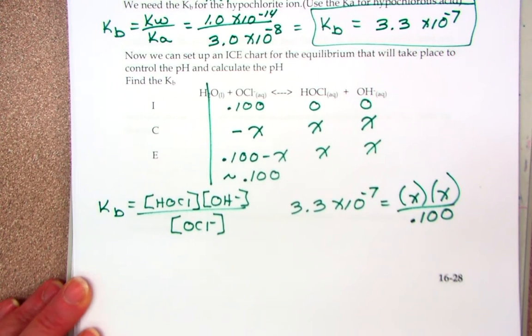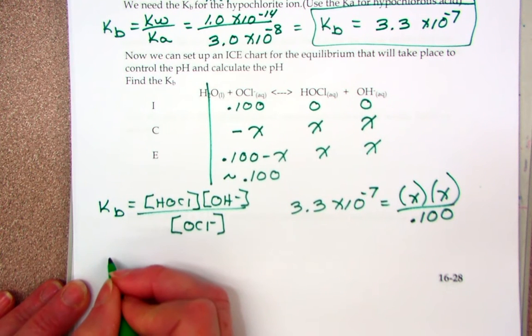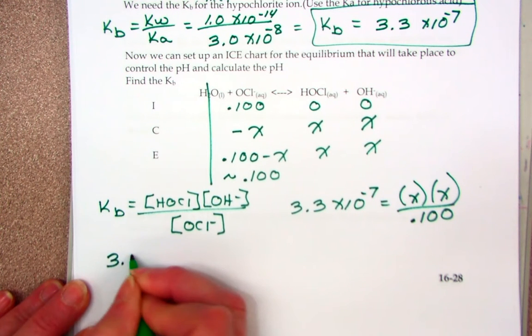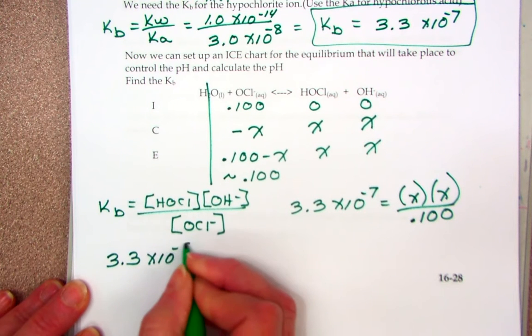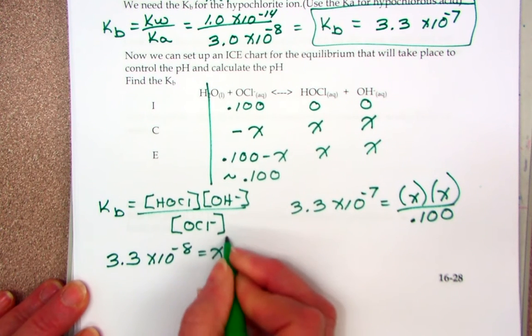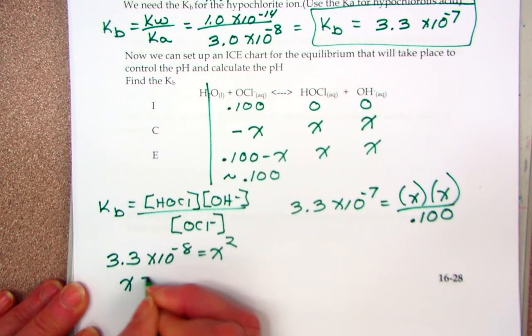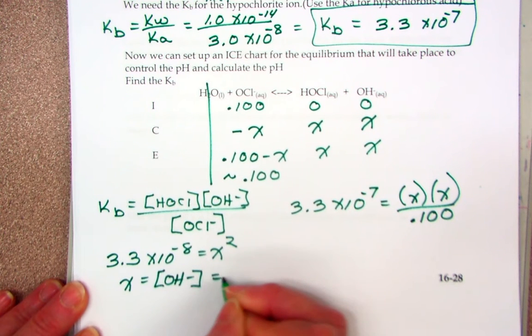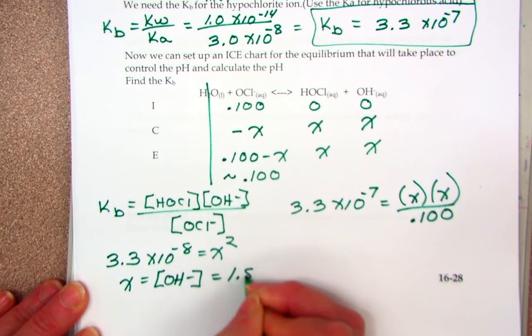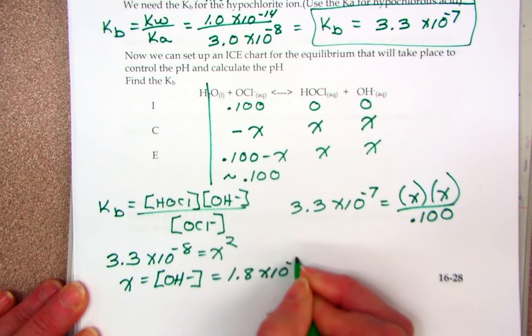Now we do the same math we did over and over in the previous sections of the chapter. So multiplying across, I get 3.3 times 10 to the negative 8th is equal to x squared. x represents hydroxide here because I have a base, so that is 1.8 times 10 to the negative 4th molar.